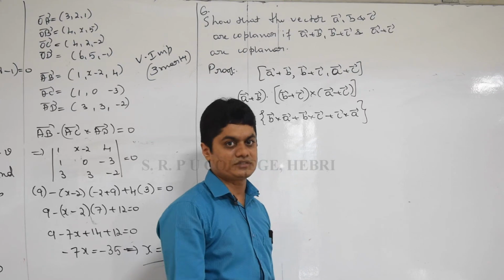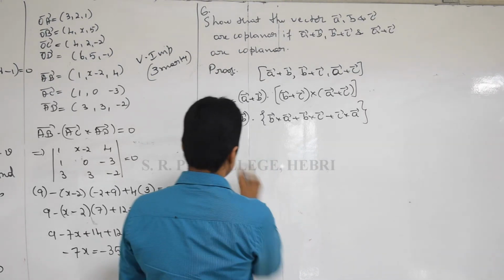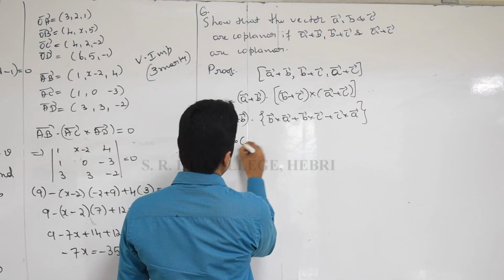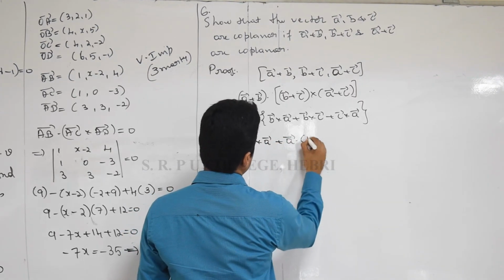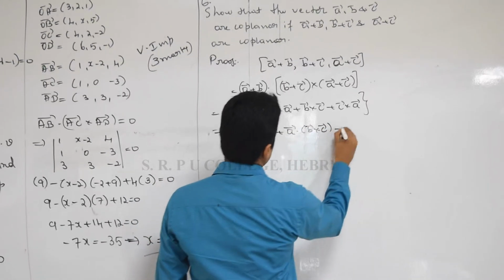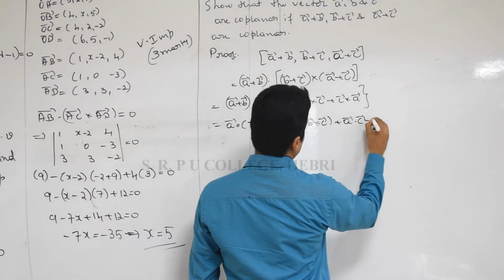Whenever you take the cross product of a vector with itself, it will be 0. So only 3 terms. Again multiplying, vector a dot b cross a plus vector a dot b cross c plus vector a dot c cross a.